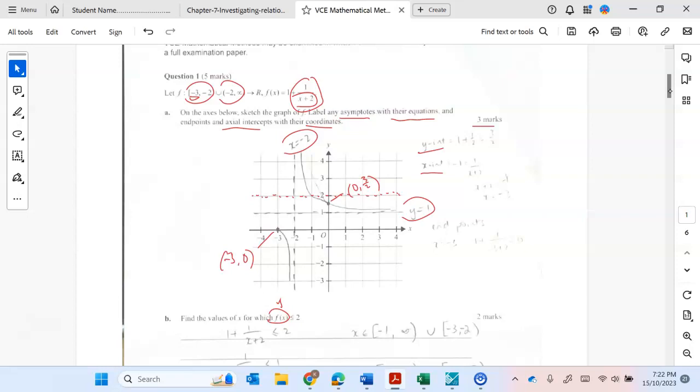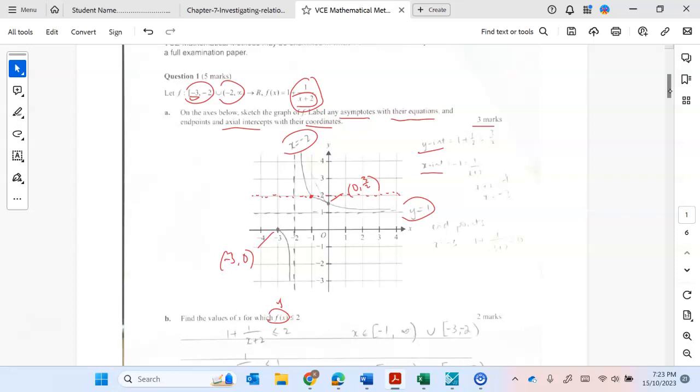If you had a ruler, which you should have in your exam, you could put a ruler there and just see. Anything below that line is considered as an x value. We can see that at y equals 2, we go through -1, and you can maybe see that I've rubbed out my graph.